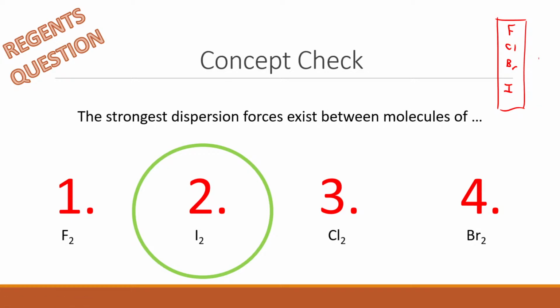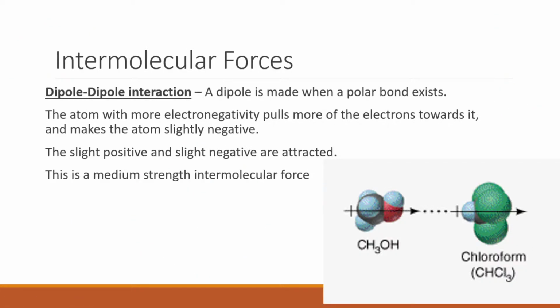Now let's take a look at these stronger forces. A dipole-dipole interaction is the interaction between two dipoles. Now, a dipole itself is the thing that is made when you have a polar bond.